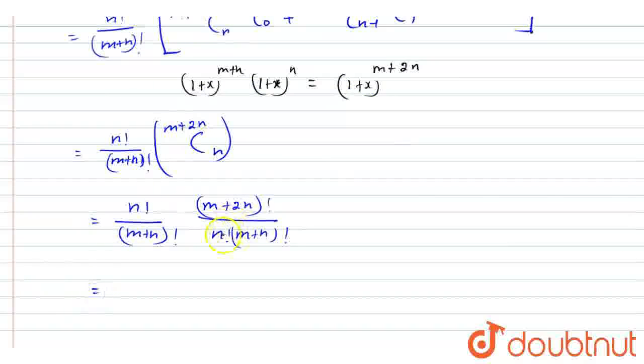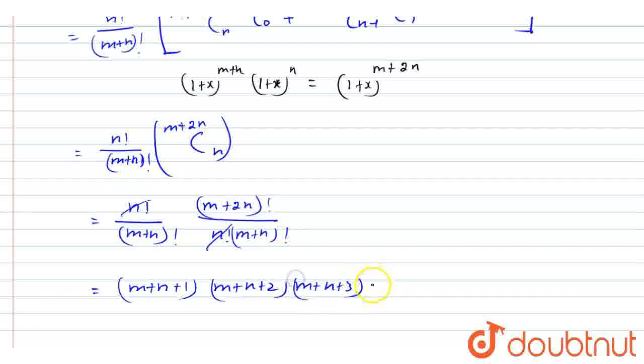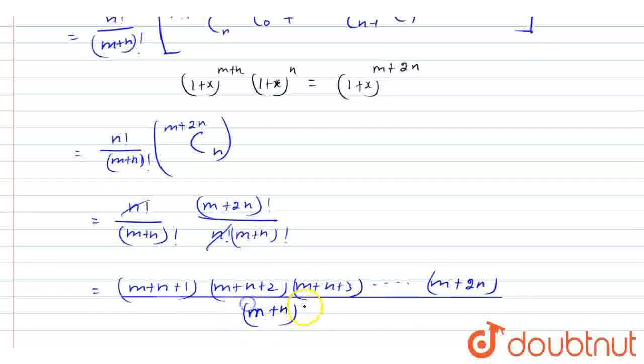Here n factorial will cancel, and I am going to expand this term: (m plus n plus 1) into (m plus n plus 2) into (m plus n plus 3) up to (m plus 2n), the whole divided by (m plus n) factorial.